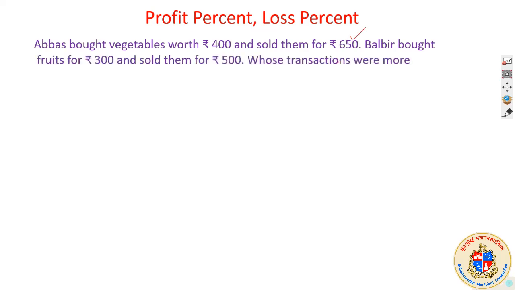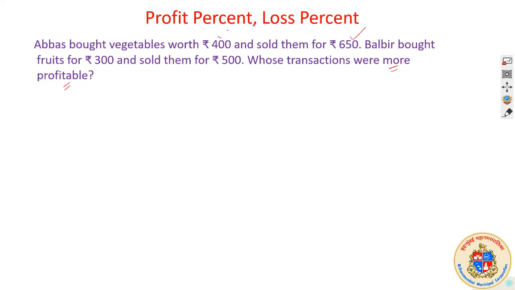And Balbir bought fruits for rupees 300 and sold them at 500. So both have bought something and sold. Whose transactions were more profitable? The word profitable is very important. It is not asked who is doing better business. To know who is doing better business, you should know who gained more.